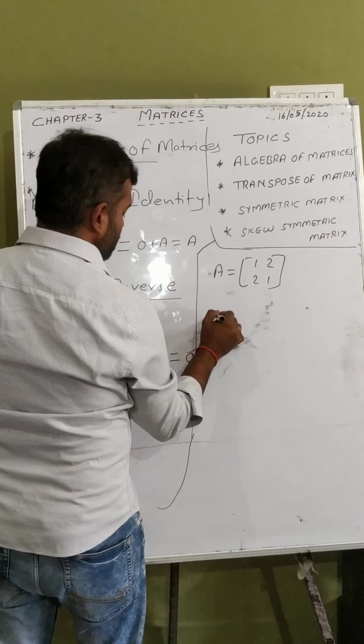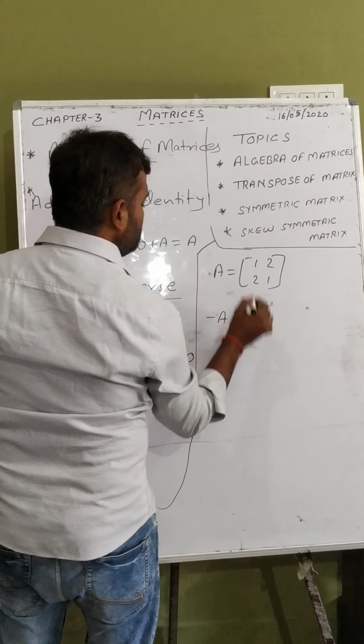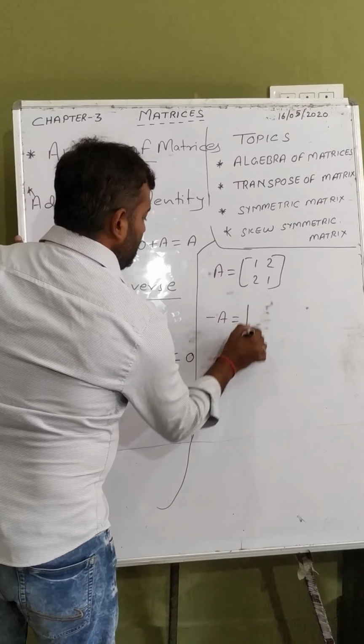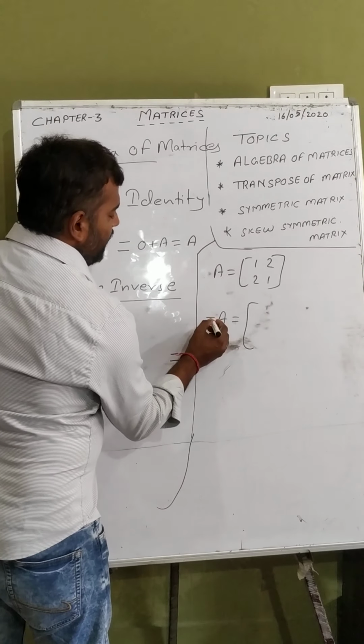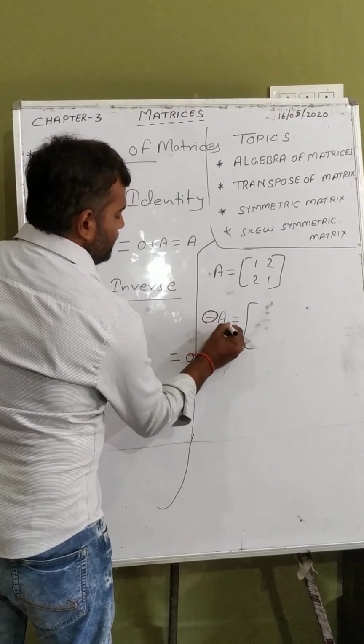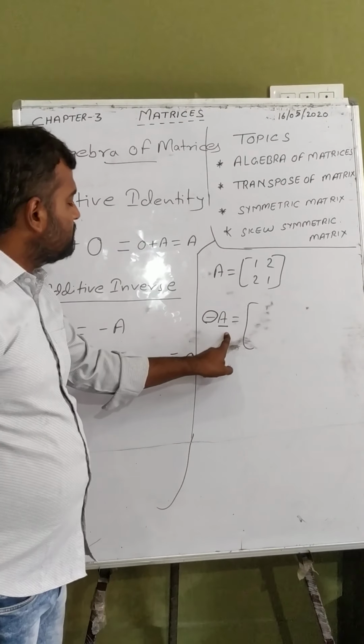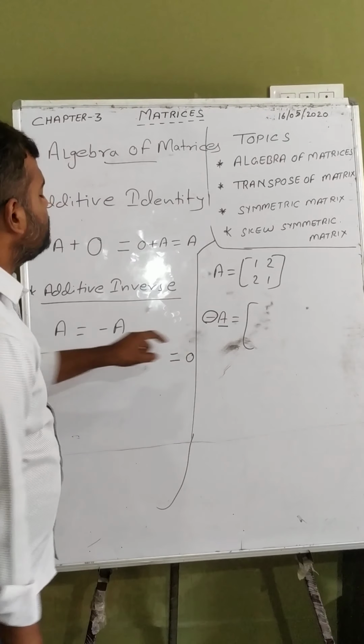Now minus A. If you take the minus sign, this is called scalar multiplication of a matrix.